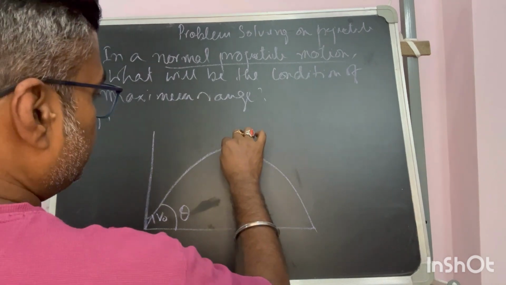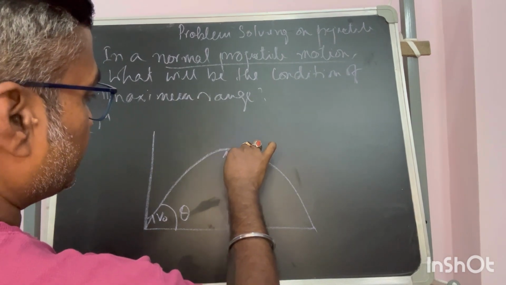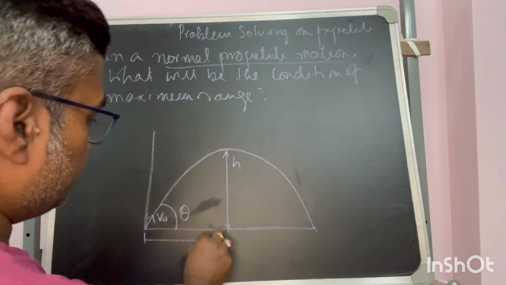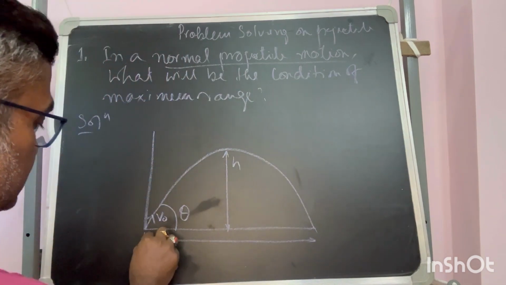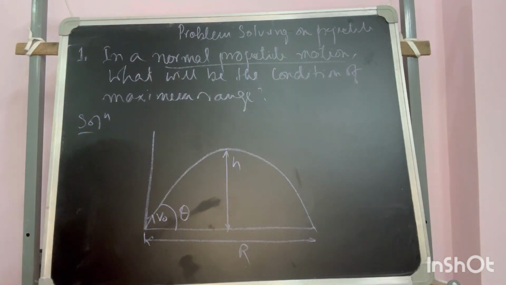There are two things that will happen. It will reach some height, and at the same time it will move some distance. This distance is called the range, and this height is the height of flight.